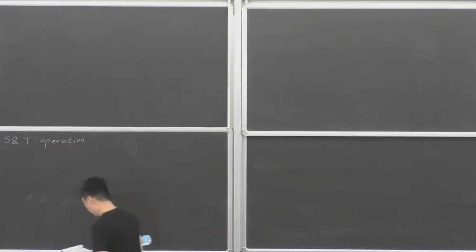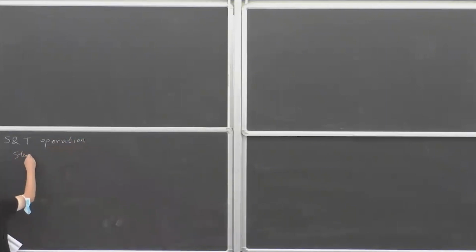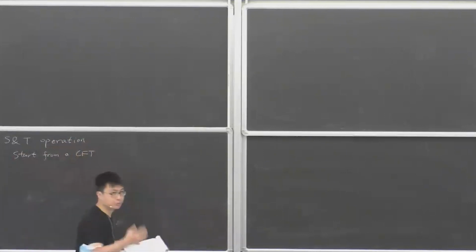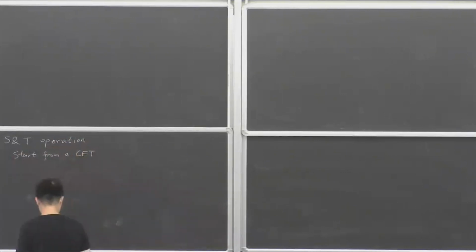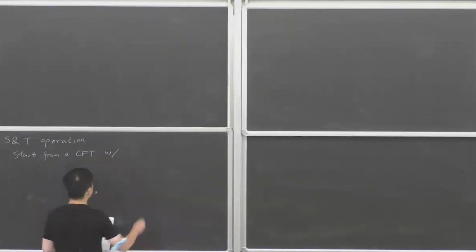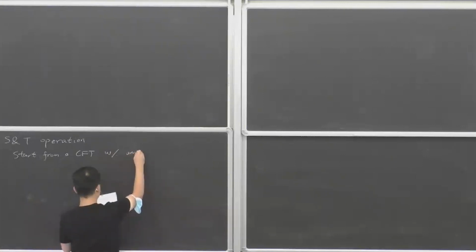Okay, so let's begin. Let's say we start from a critical theory. Let's just say we start from some CFT. Pick your favorite, Wilson-Fisher, free fermion, doesn't matter. The only thing you really need is that this CFT has an anomaly-free U1 global symmetry.